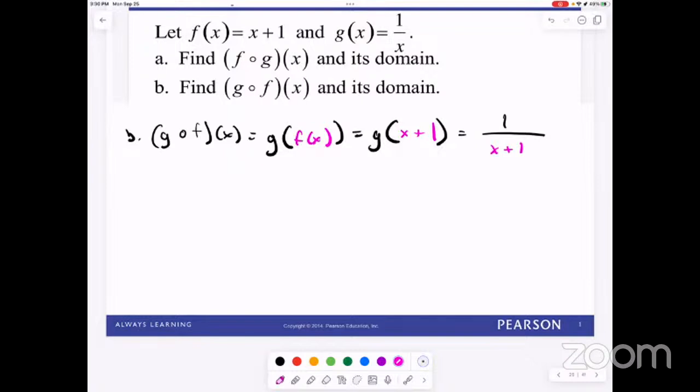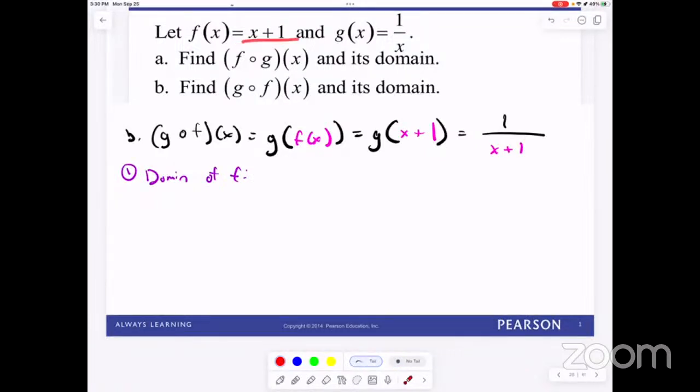So then for, again, the 3-step process for the domain, first we're going to find the domain of the inside function. In this case, it's going to be the domain of F of x. The domain of F, if we look at the original, F is just x plus 1. So that's going to be a diagonal line.